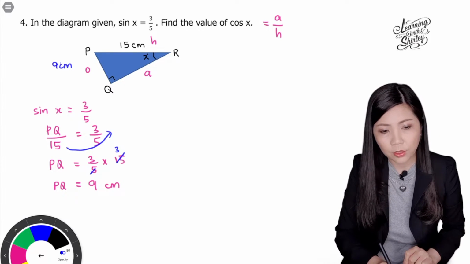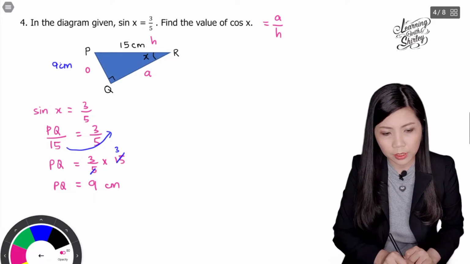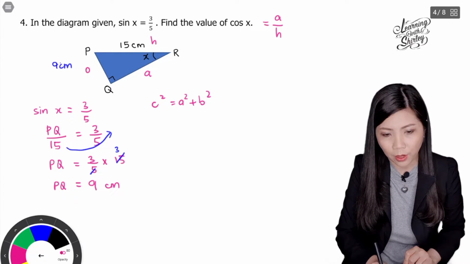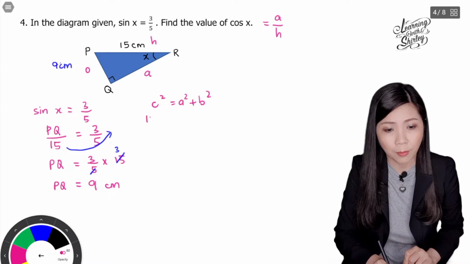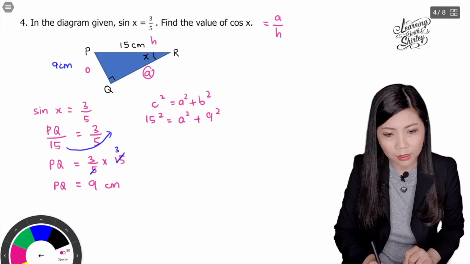Next, we need to find the length of QR. So I'm going to use Pythagoras theorem. Pythagoras theorem states that C squared equals A squared plus B squared. C will be the longer side, which is the hypotenuse. So 15 squared equals A squared plus 9 squared.